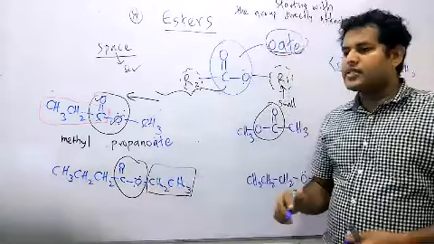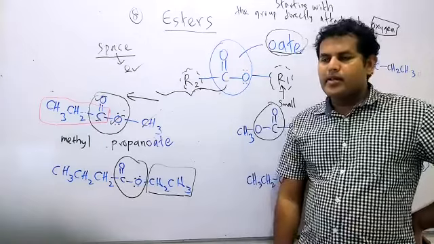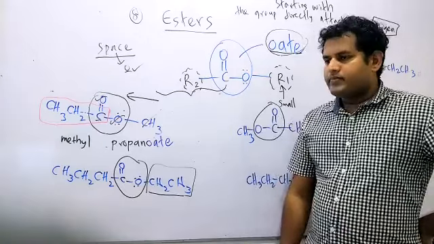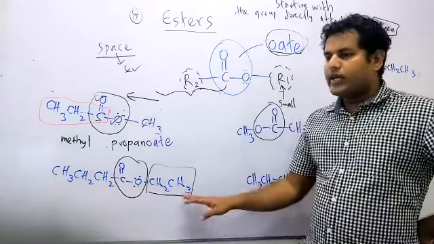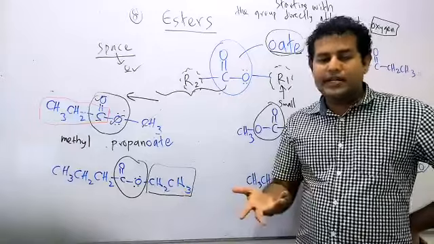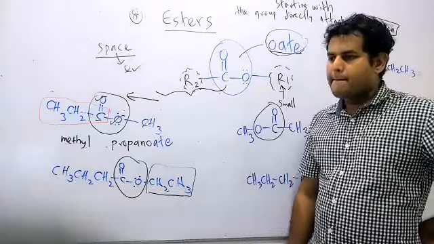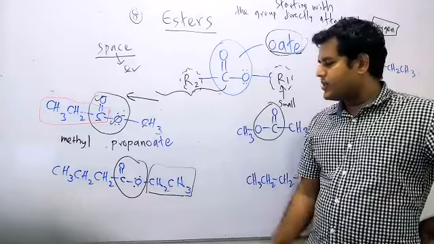What is the name of this? I'll give 1 second. What's the name? Can you guess it? Try to guess it. Be creative. They're getting the same names. Yes, this is ethyl. Very good.